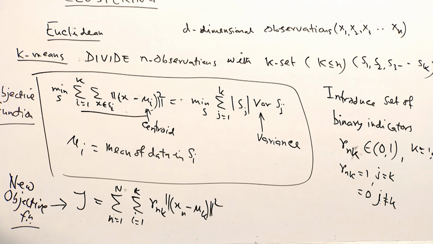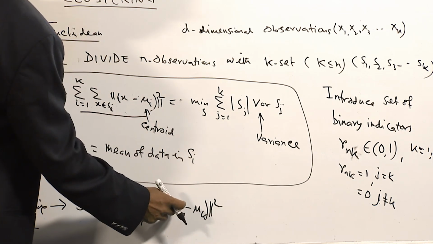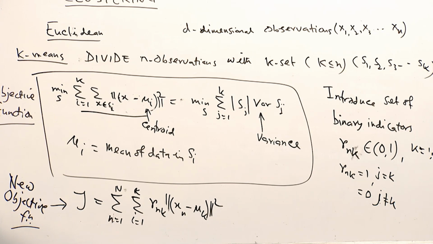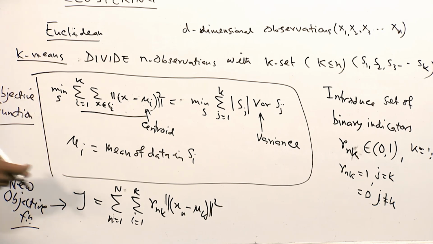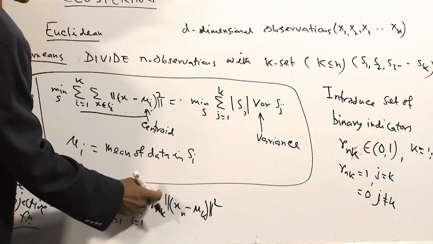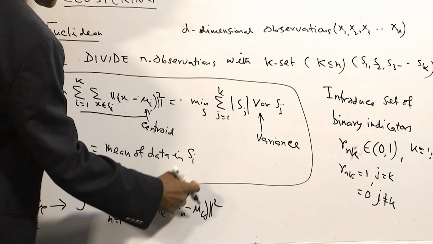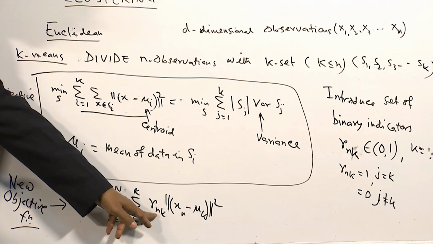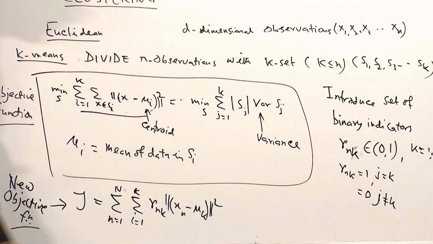That is the useful part. It basically represents the sum of squares of the distances of each data point to its assigned mean, right. The first sum is over n, the second sum is over k. Now, once you have this problem, the idea is to get the values of R_nk and μ_k.